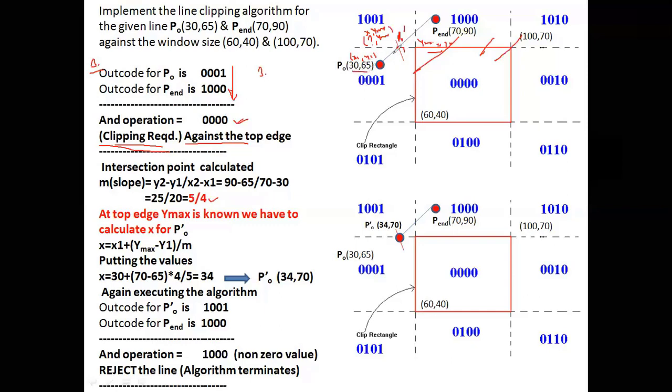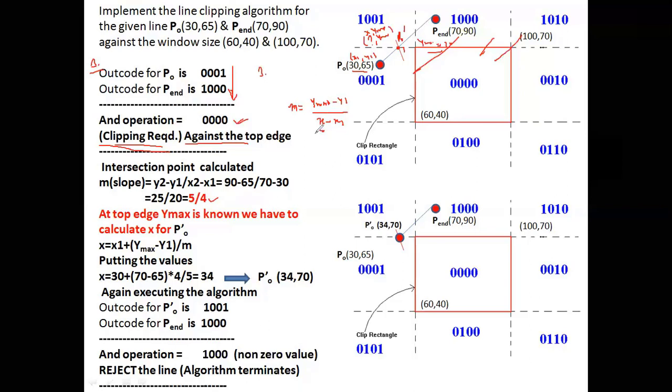So how do I write the slope? m is equal to y max minus y1 upon x minus x1. And I have to calculate this point x.